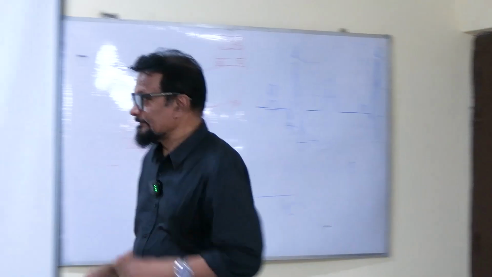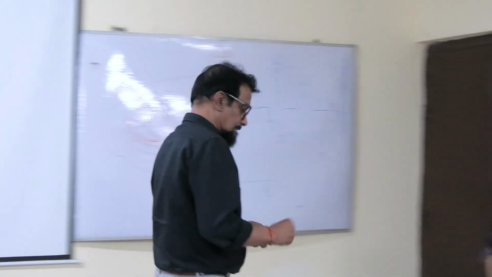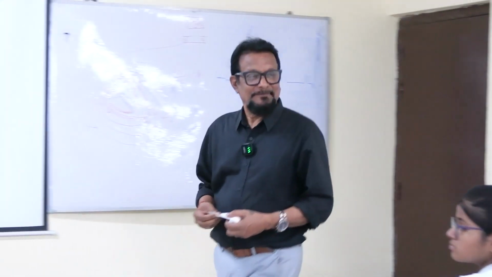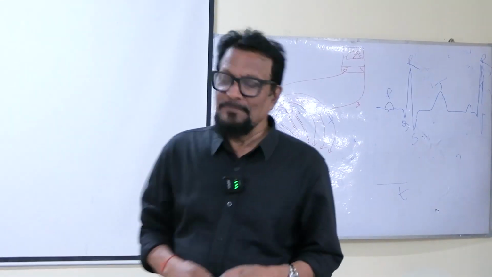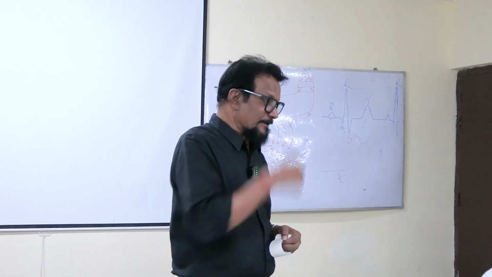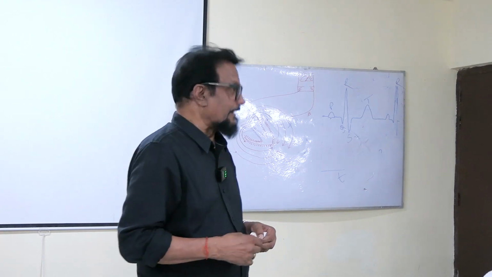I will do it. Okay, let us understand. From this paper, we will determine the amplitude of a wave, that is, what is the millivolt, what is the voltage of this wave, and how much time it required.